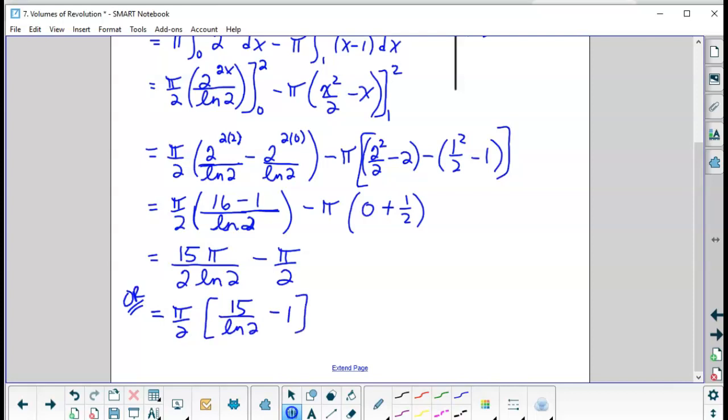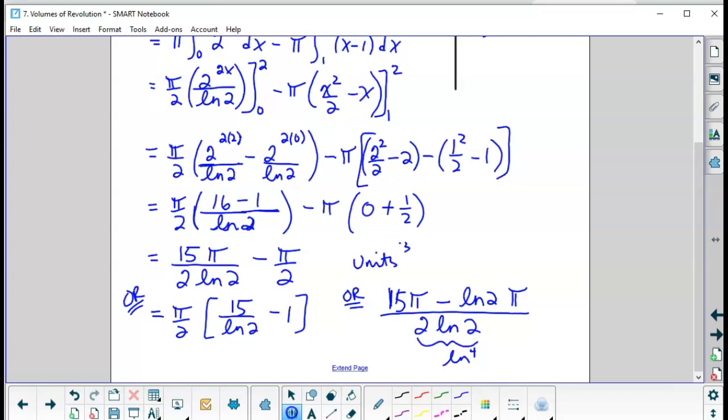You could find a common denominator, so that would be 15 pi minus ln 2 pi over 2 ln 2. You could show this as ln 4, since 2 squared is 4. You could factor out the pi. So many ways of showing that. And this is units cubed. Okay, so there's a bunch of examples for calculating volume.